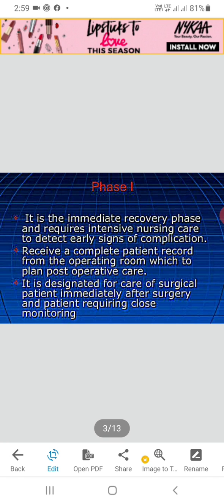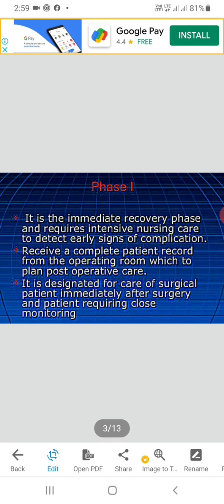After the hysterectomy or the cesarean section, we are not shifting the patient to the ward or room. We observe the patient with continuous monitoring, that is, we shift to the immediate ICU.